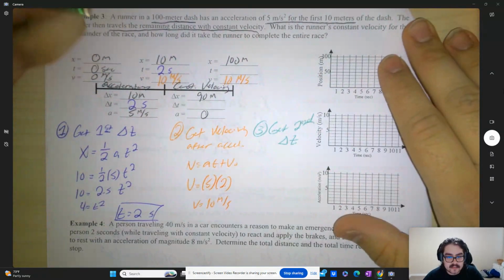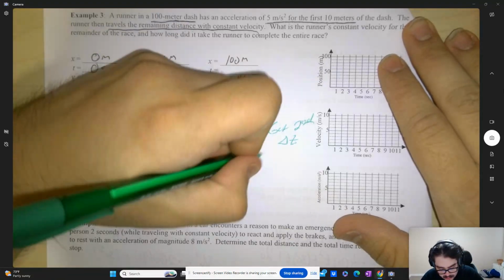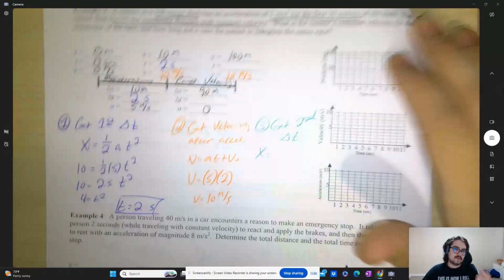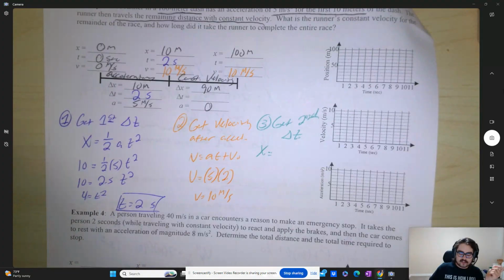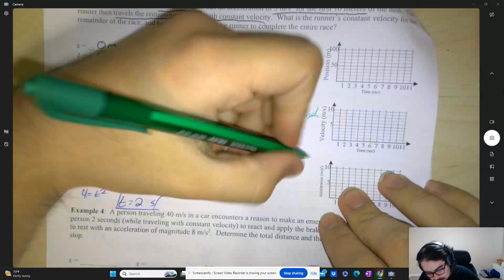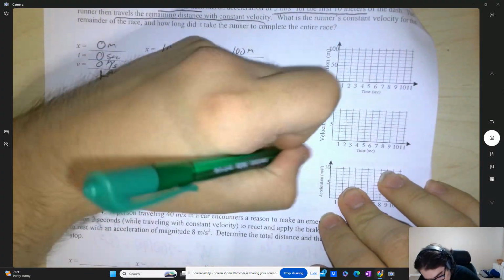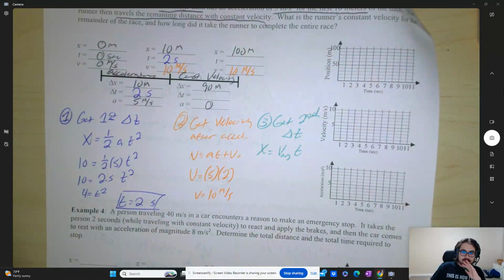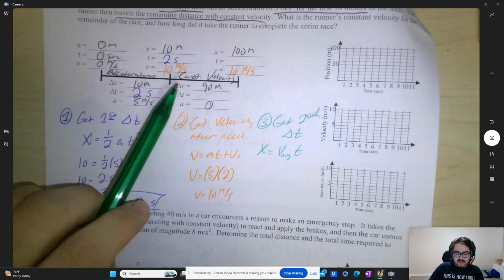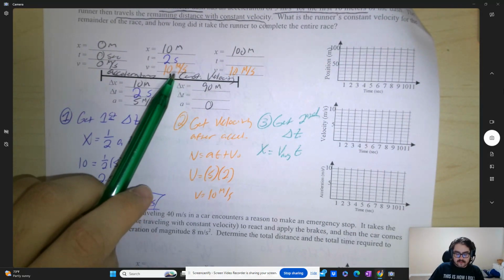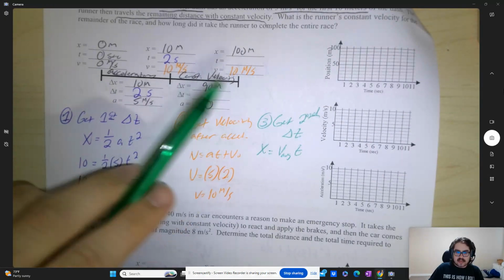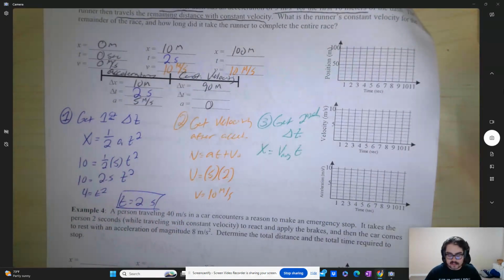To get the second delta time, there are actually two ways to do it. You could do x equals v average times t. That's actually what I'm going to do. The average velocity here is 10, because you start at 10 and end at 10, so your average velocity is 10.